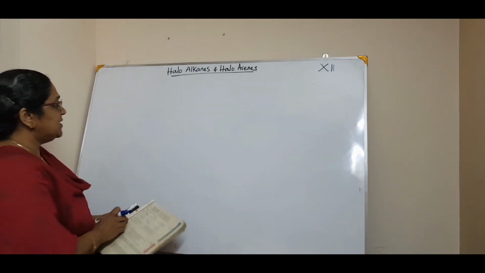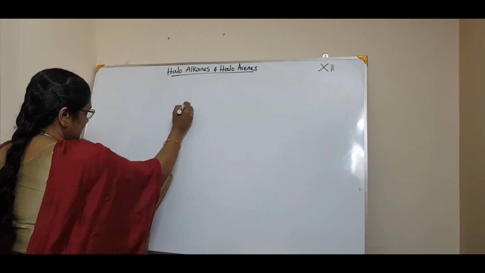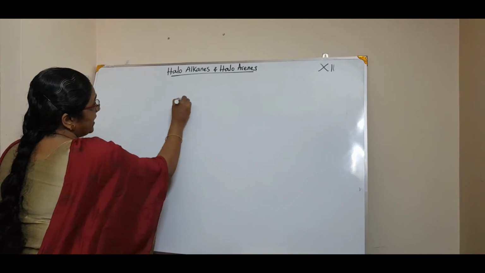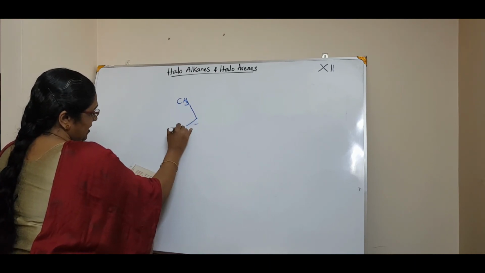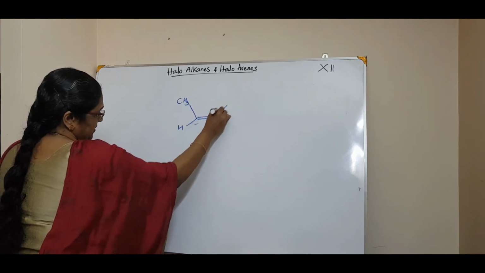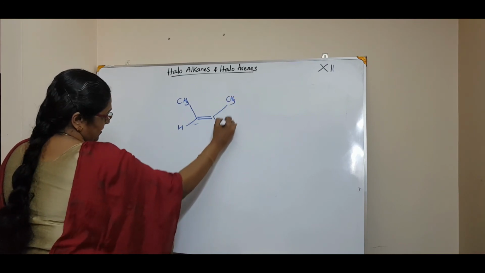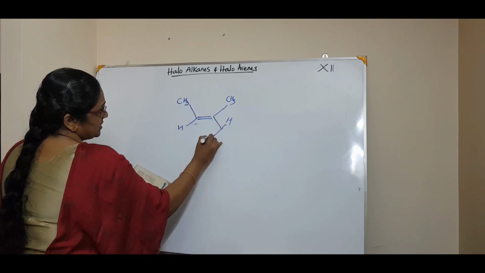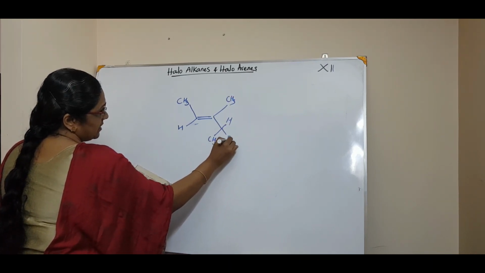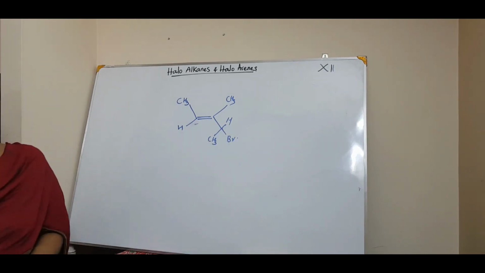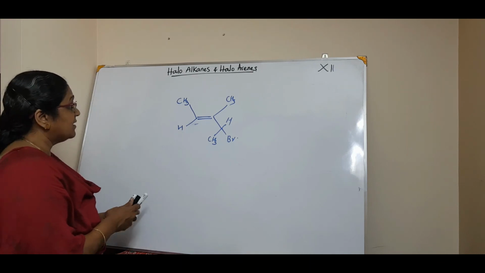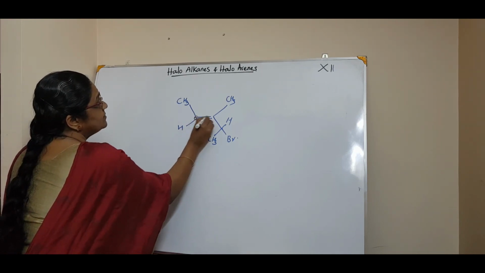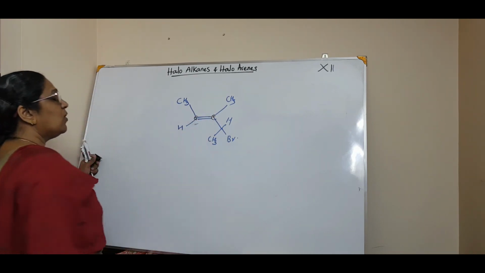Next is, listen. Next is again CH3, CH double bond, CH3, then CH, CH3, Br. Do it. How will you do it? First you stretch it, correct? So here again is a carbon, again carbon, then all are same.